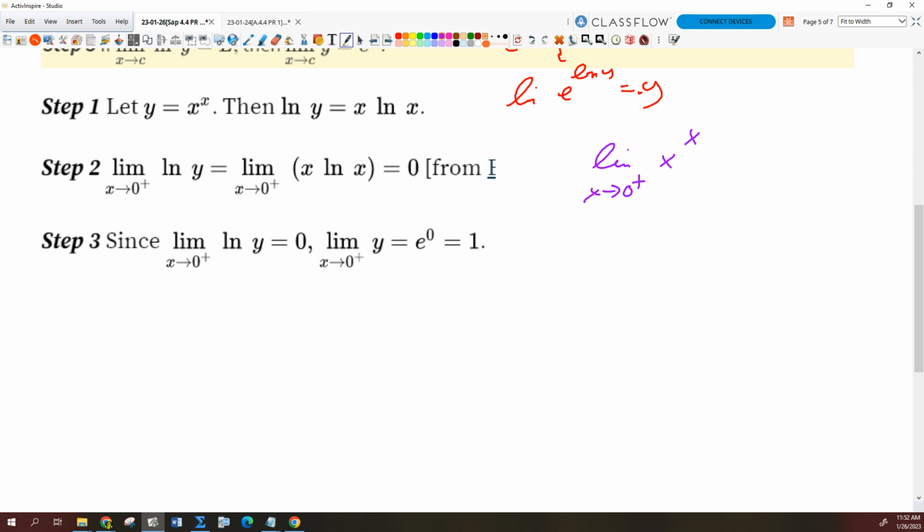So we end up with the limit of log y as x approaches 0 plus equals the limit of x log x as x approaches 0 plus.